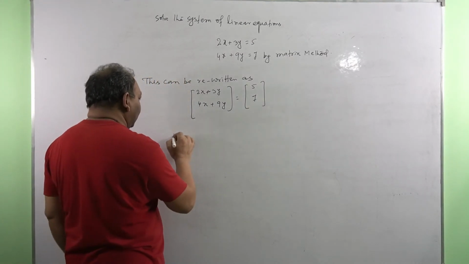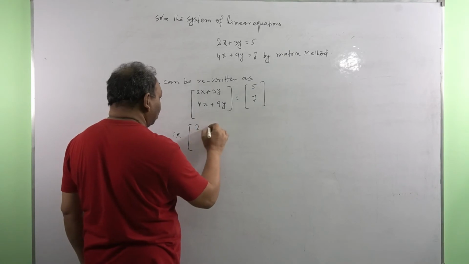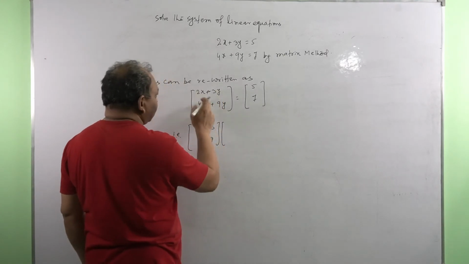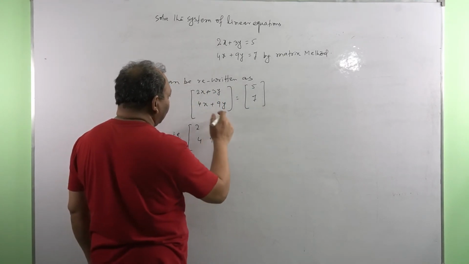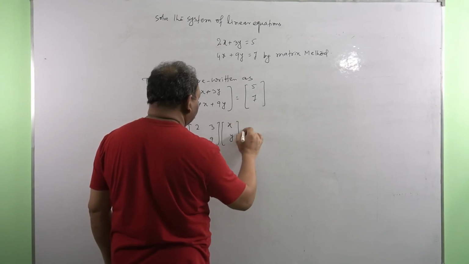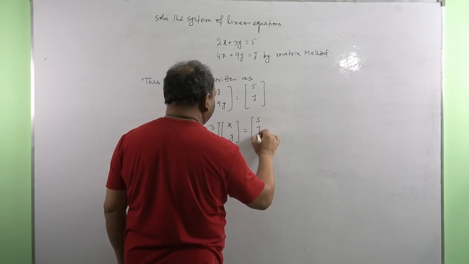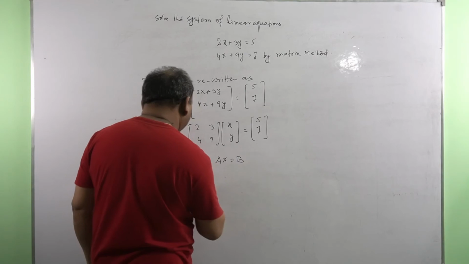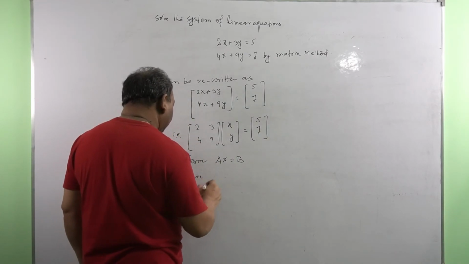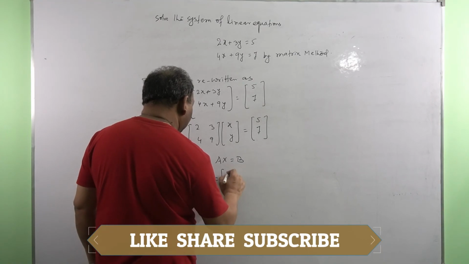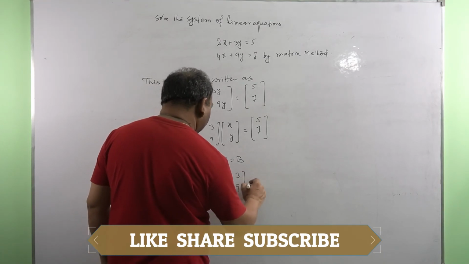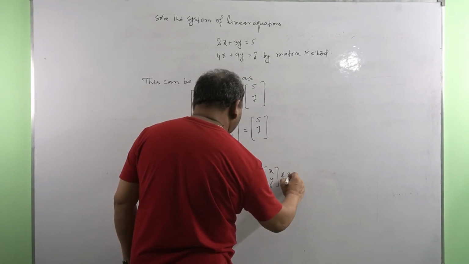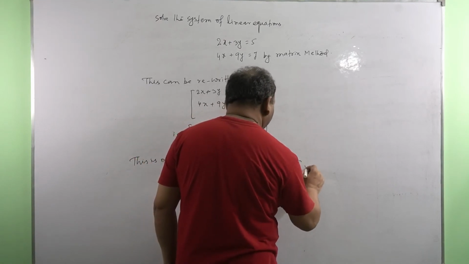The left side can also be written as the matrix 2 3 4 9 into the column matrix x, y, where the coefficients of the equations are here. This is of the form AX is equal to B, where A is the square matrix 2 3 4 9, X is the column matrix x, y, and B is equal to 5, 7.